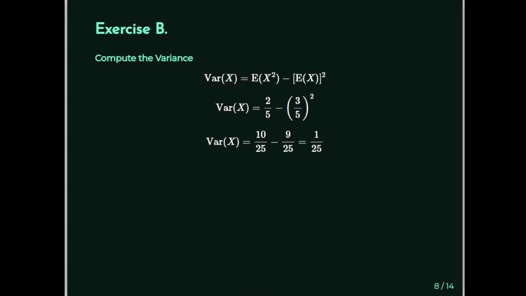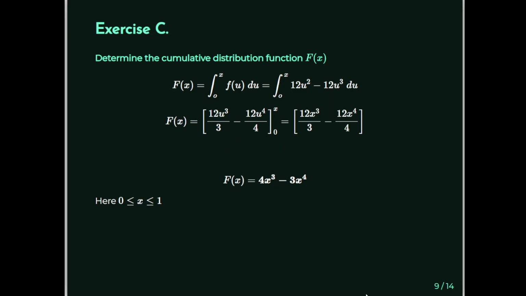Now, moving on to the cumulative distribution function. This one's straightforward enough. It's a definite integral. Essentially what we want to end up with is an expression in terms of x, so it's capital F of x. How do we go about this? We just have to integrate the probability density function from the lower bound of the interval.